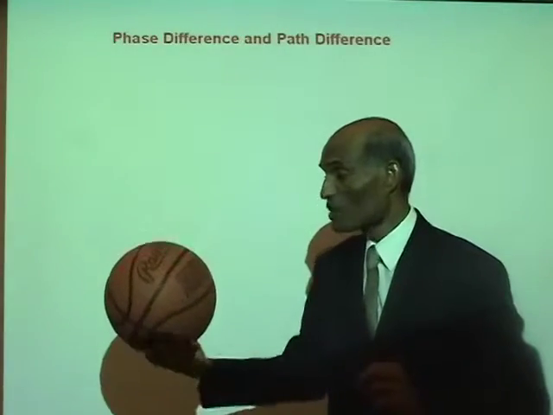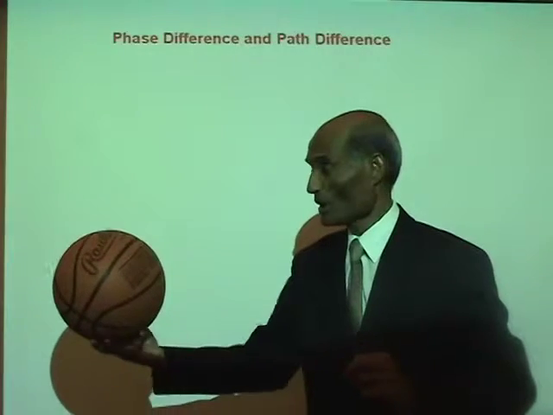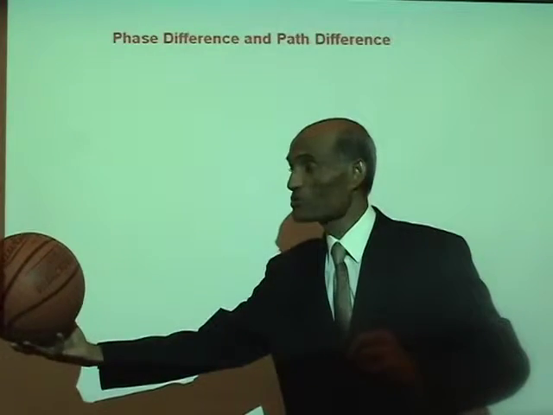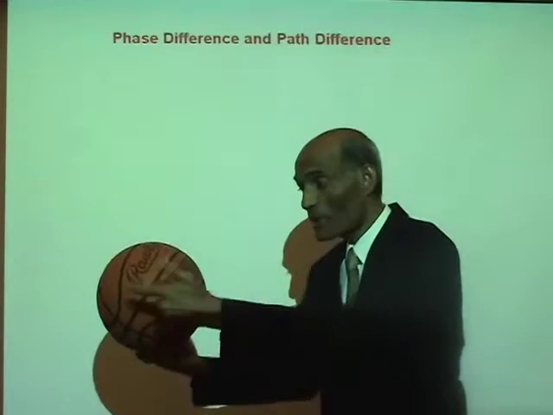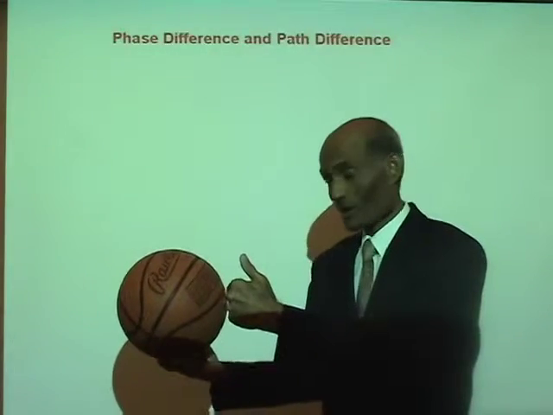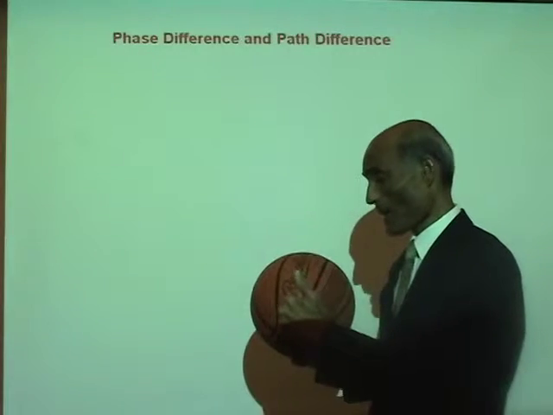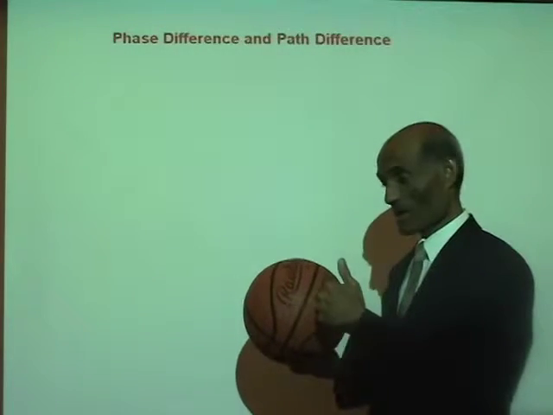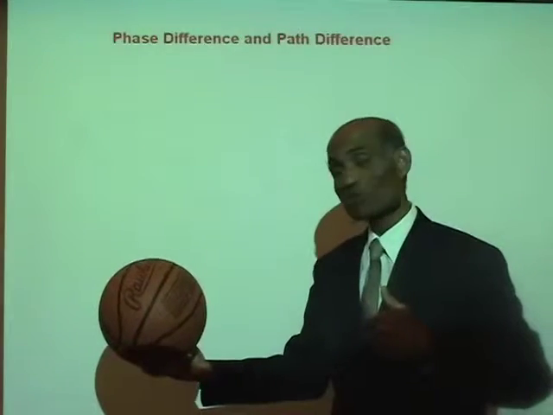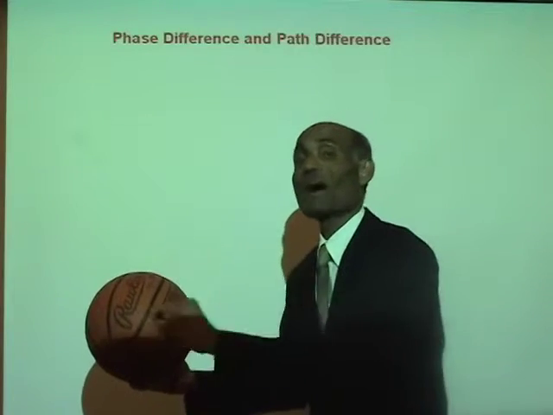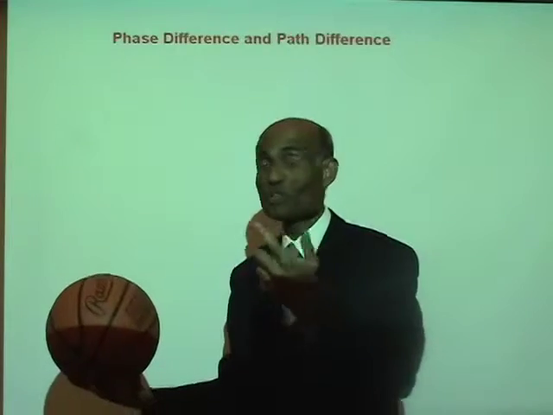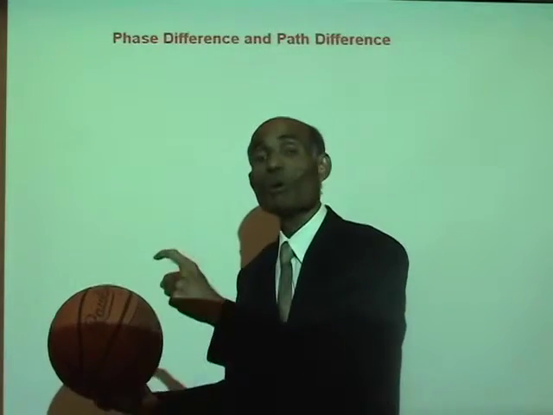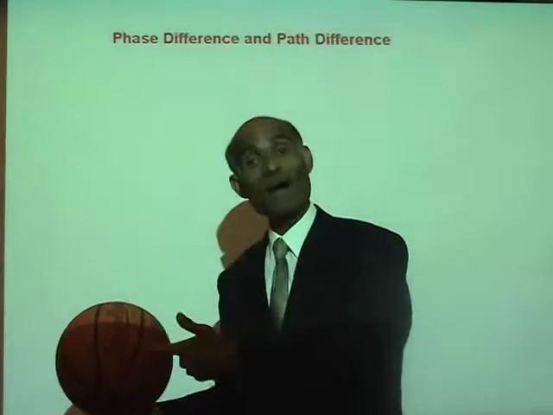If the phase angle is 0 at the origin, the phase angle is pi by 2 at the right extreme. The phase angle is pi when it comes back to the origin. The phase angle is 3 pi by 2 at the left extreme. And the phase angle is 2 pi back at the equilibrium position. That means at the equilibrium position, the phase can be 0, pi, or 2 pi.